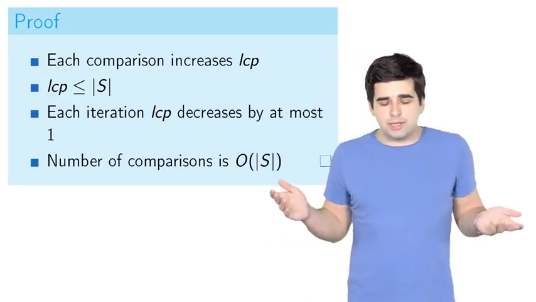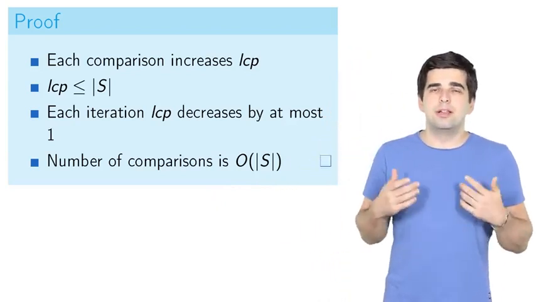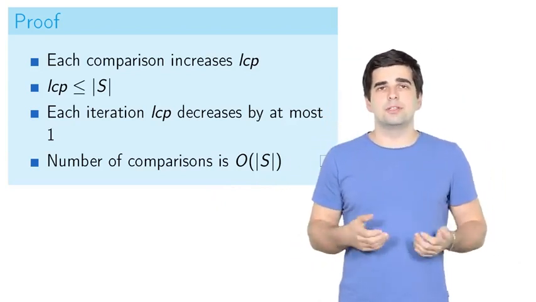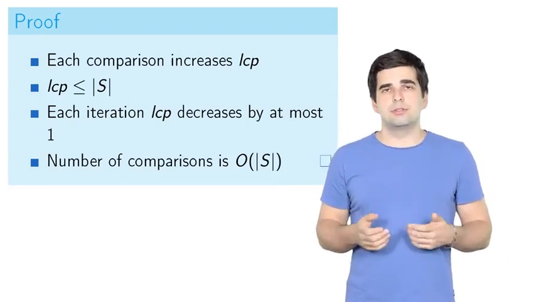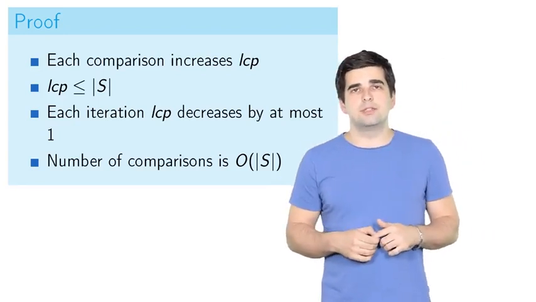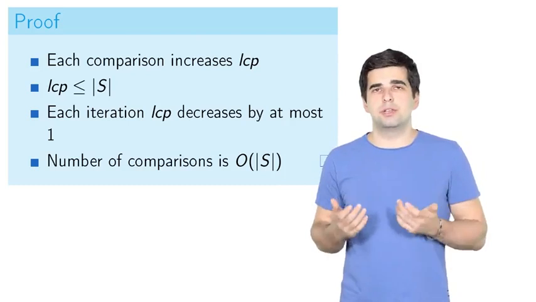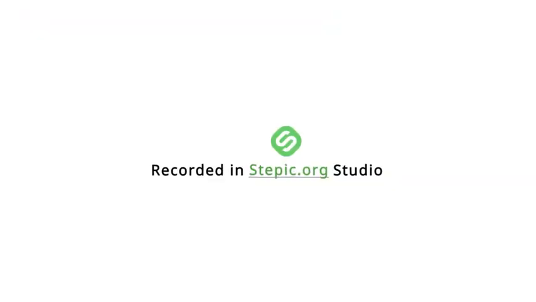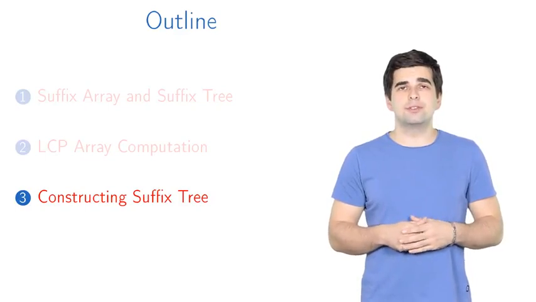It contains fewer elements than the suffix array and the string itself, such that each element LCP of I is just equal to the longest common prefix length between AI and AI plus 1. So it's the longest common prefix of 2 neighboring elements in the suffix array. And what we want is to compute the values of this array.